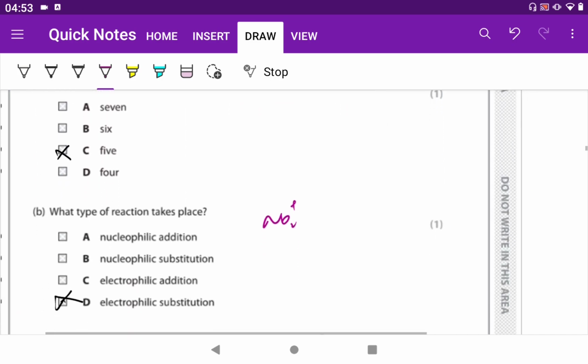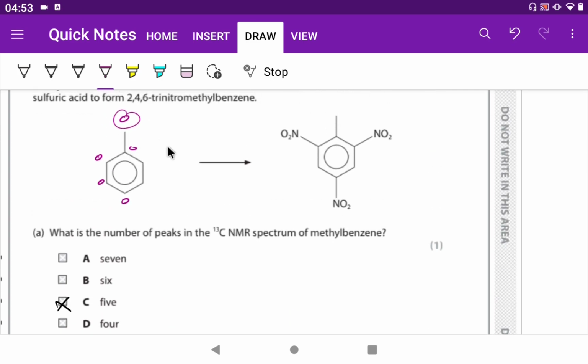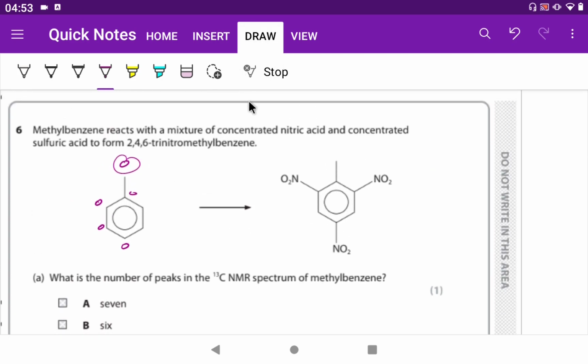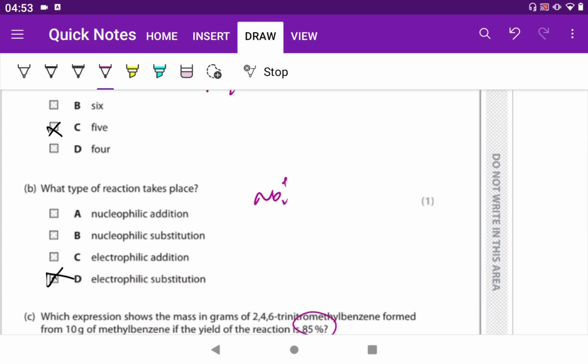Now, what type of reaction takes place? As we know, concentrated nitric acid and concentrated sulfuric acid, when reacted together, produce NO2 plus, which is an electrophile. So the electrophile is substituted here, so the reaction that takes place is electrophilic substitution.